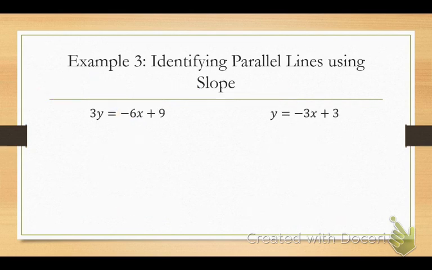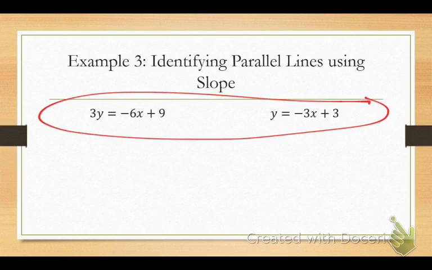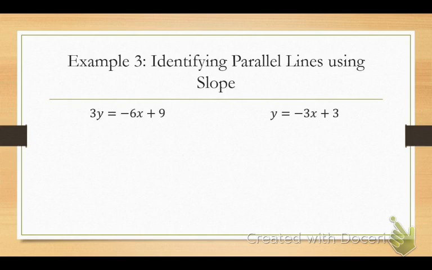Now let's look at this set of equations. We need to tell, are these 2 lines parallel? 3y equals -6x plus 9, and y equals -3x plus 3.